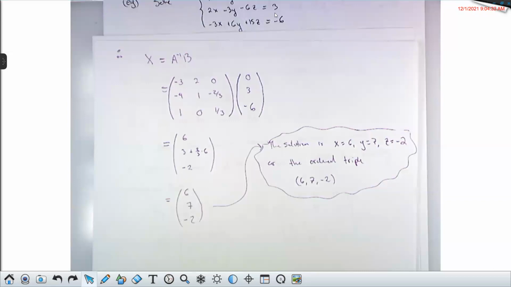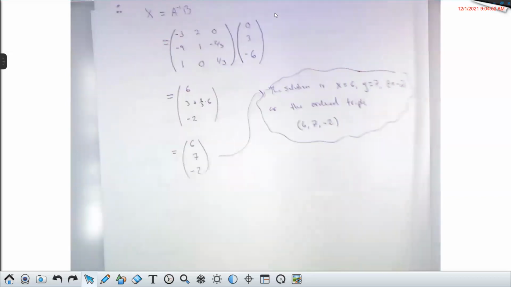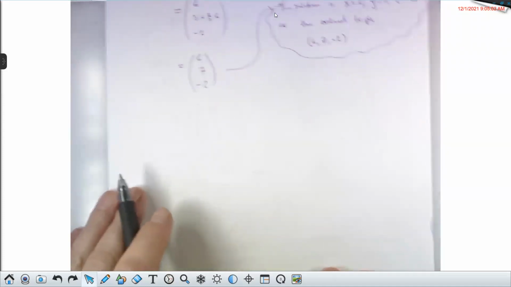The very last thing I want to share with you about matrices is kind of a shortcut for finding the inverse of a 2x2 matrix. All right, 2x2s should be able to solve those quickly.